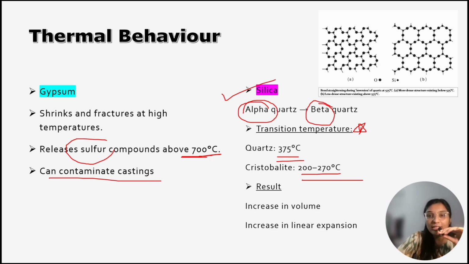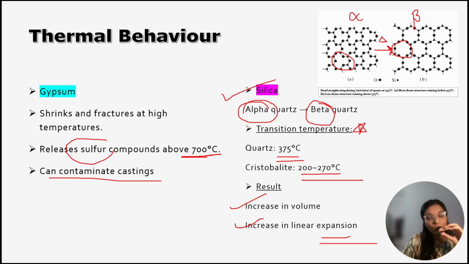As you can appreciate in this image, this is alpha quartz, and it will change at a transition temperature when we heat it to beta quartz. As you can see, the rings of alpha quartz are compacted, and when they are heated they expand. So alpha to beta conversion increases volume and increases linear expansion, which is required for an investment material.